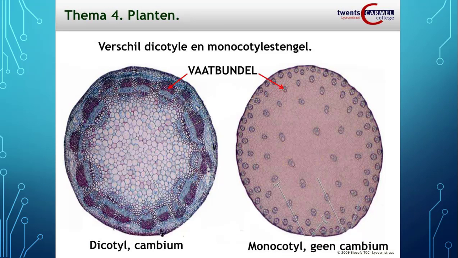We show here a section to illustrate the arrangement of the vascular bundles inside dicotyledons and monocotyledons. As you see here, in the dicotyledon the vascular bundles are arranged in a ring, but here they are scattered.